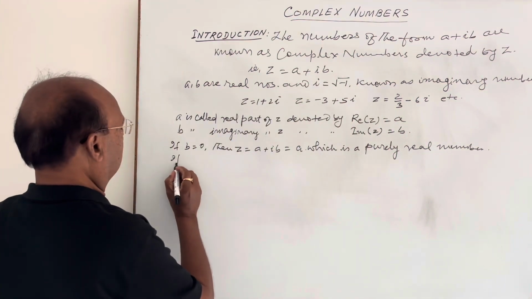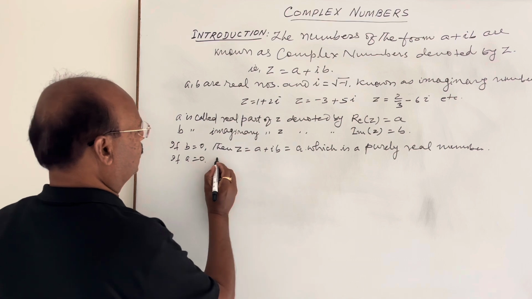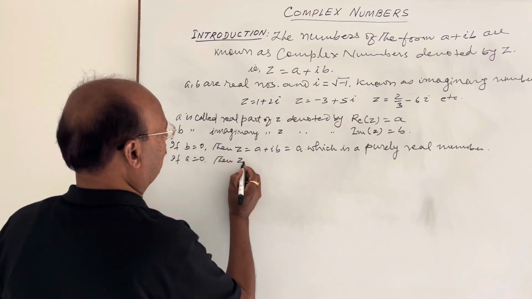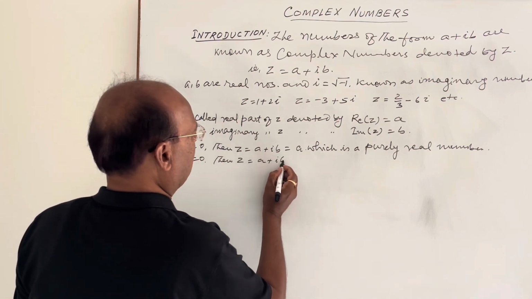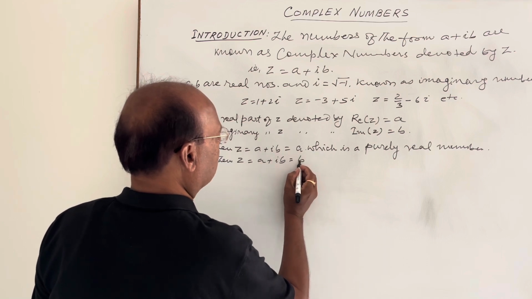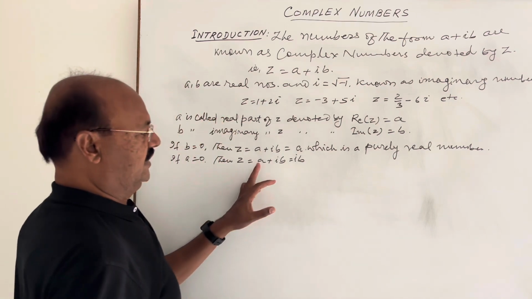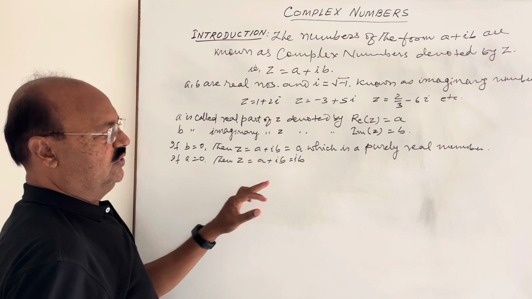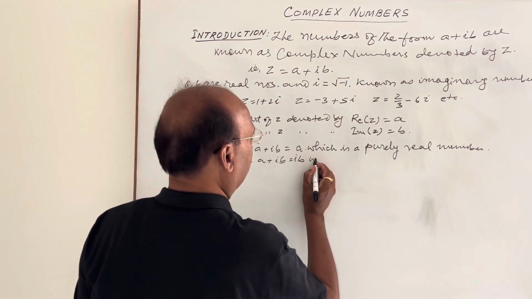And if a is equal to 0, then the complex number Z, a plus ib, becomes ib, since a is equal to 0, which is a purely imaginary number.